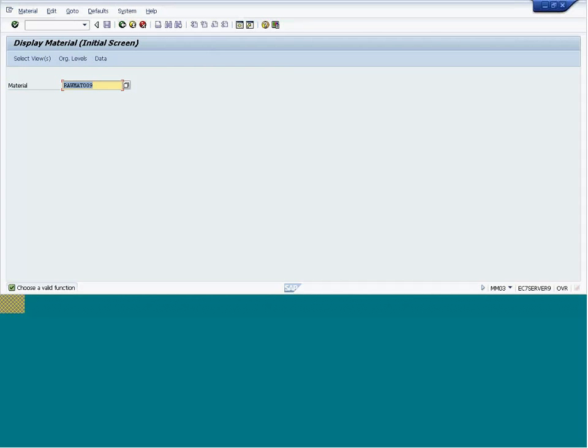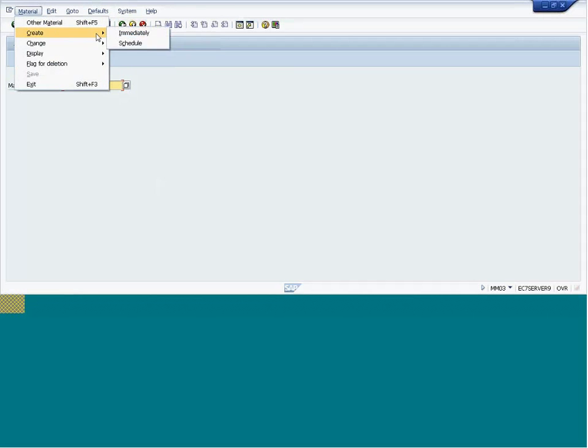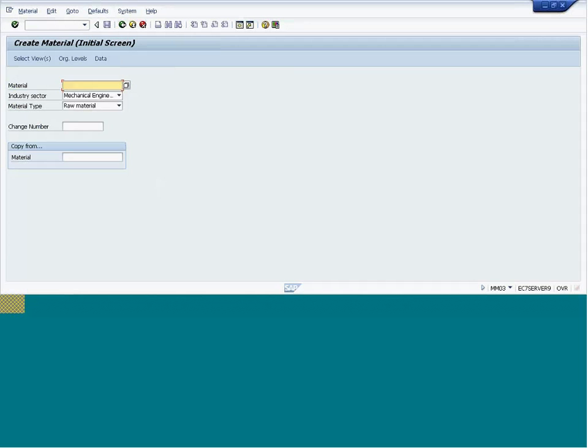Sometimes what happens, say you are procuring two types of materials. Same material, but there are two different grades. Think of grade 1 and grade 2.